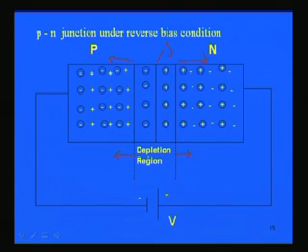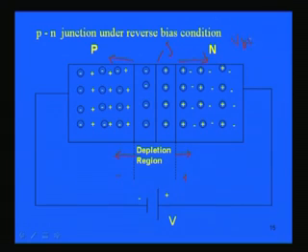And if we look from the barrier potential point of view, or the built-in potential point of view, the built-in potential polarity is positive this side and negative this side, and we are now having this voltage applied with this polarity, negative to the P and positive to the N. So, now the barrier potential will be increased.